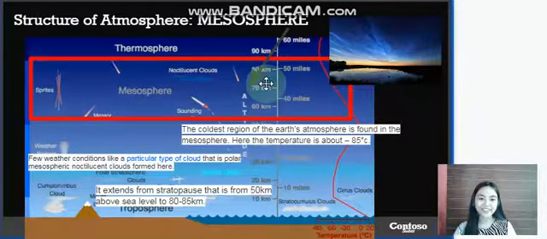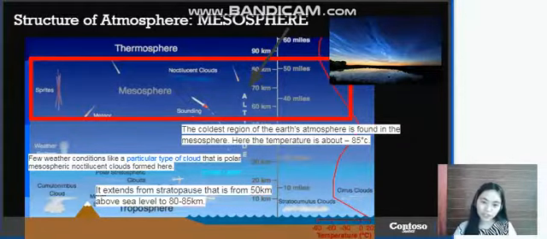Next layer, the third layer, we have here the mesosphere, which is the coldest region of the Earth's atmosphere. And it has a temperature of negative 85 degrees Celsius.